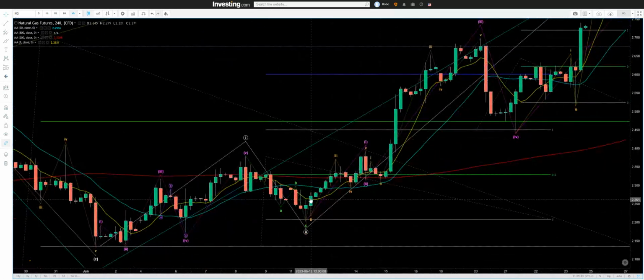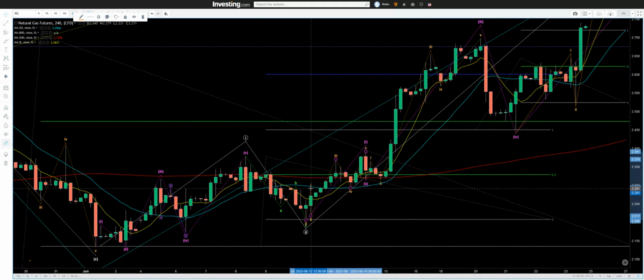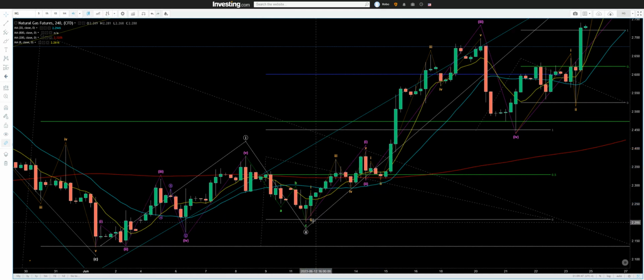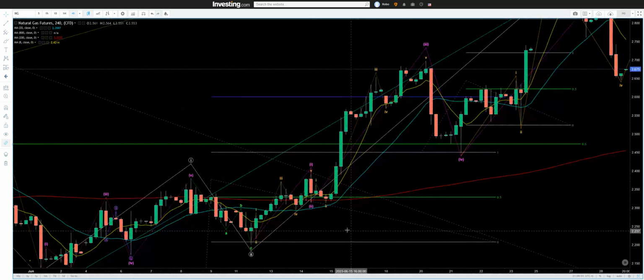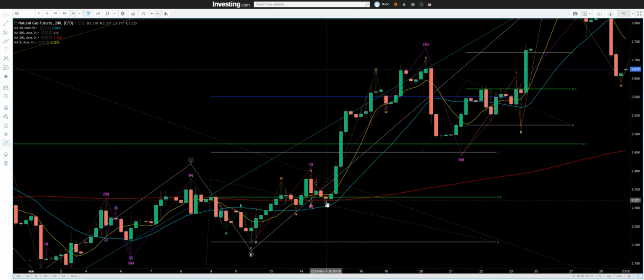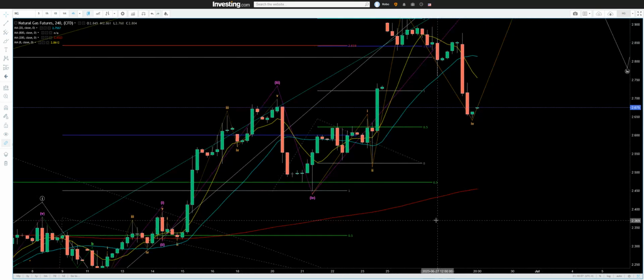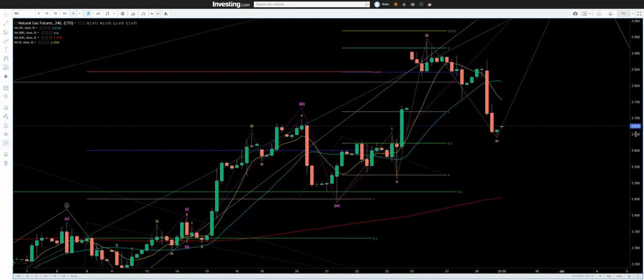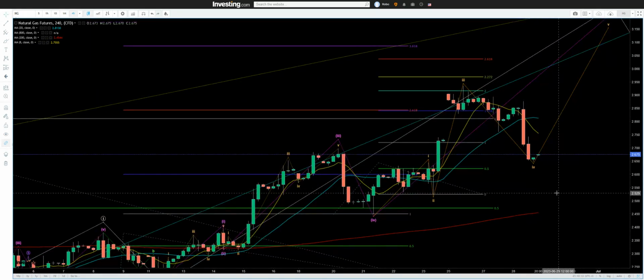Okay, 1 is there. 2, 3, 4, 5 for 1 in the pink, which I think is a minuette degree. Okay, another 1, 2, 3 in orange. 3, 4, 5 popped all the way up. I'm not going to review the fibs. You can do that on your own time, probably in the hourly or the 15-minute.